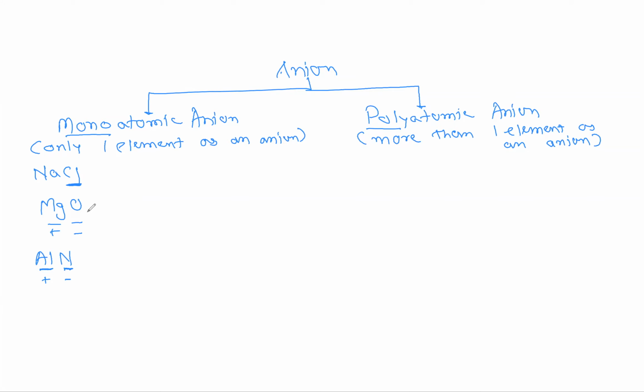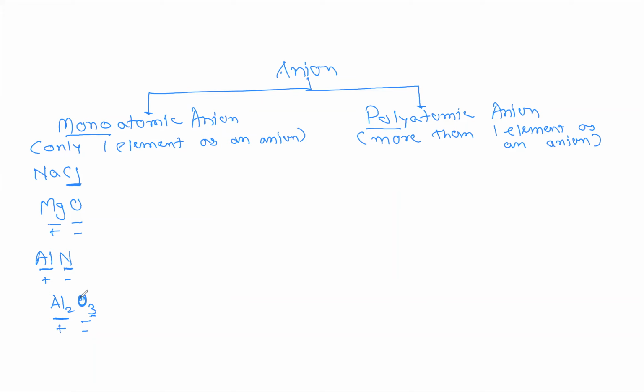Let me give you another example like Al2O3. In this case, aluminum, of course, we know is a positive ion, oxygen is a negative ion. Even if we have more than one atom, which you see three here, we can still say there is just one element. Oxygen is the only element you have as an anion.